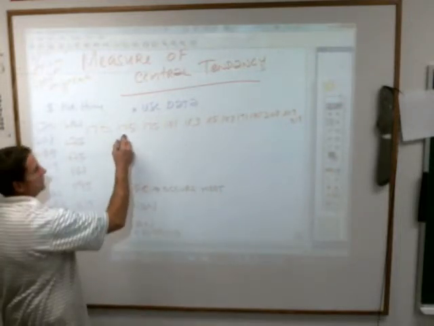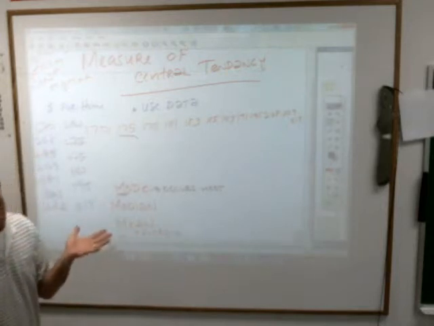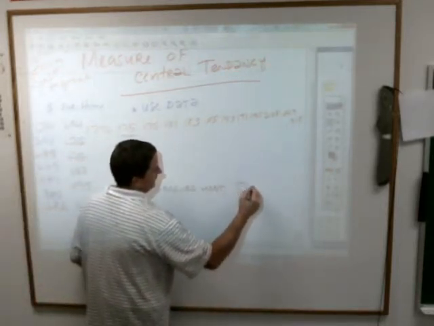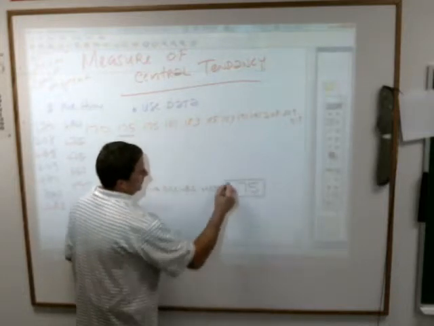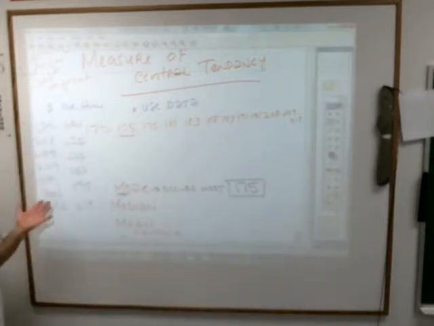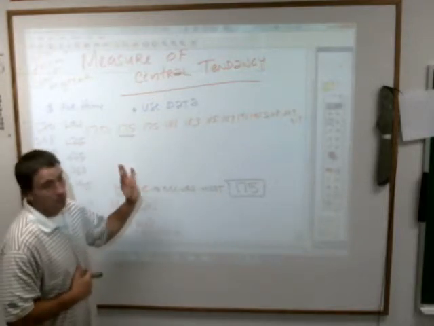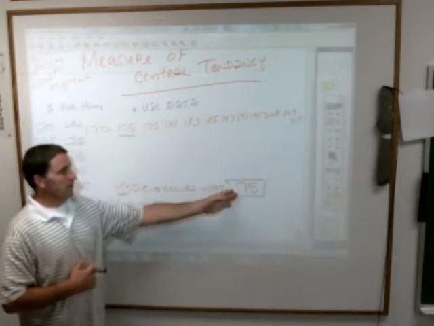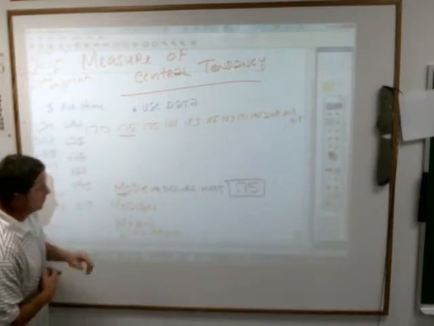This one would be 175 because it happens twice and everything else is only once. If no number repeats, then it doesn't have a mode. You could have two numbers that repeat the same, then you put both of them down, or three numbers, then you put all three of them down.